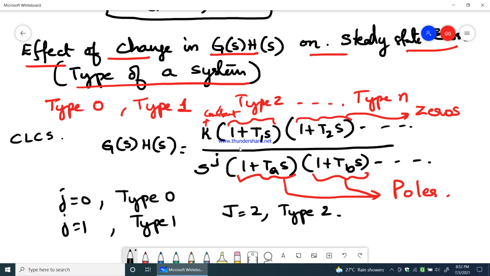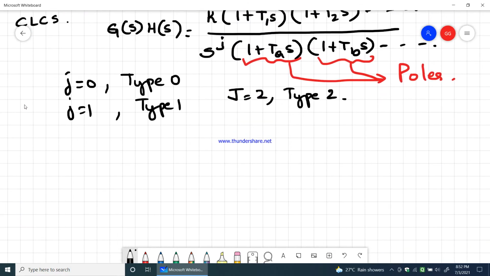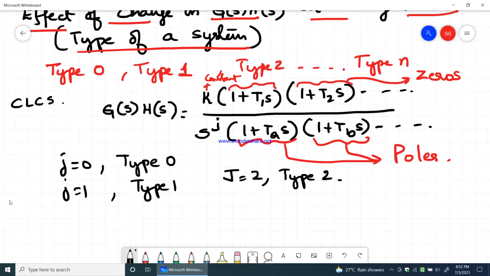Now I hope you got what zeros and poles are. At a later stage, when we come to stability criteria discussion in the next module, we will see what these poles and zeros are. I hope you got the definition of type 0, type 1 and type 2 system. You will be able to write this g of s into h of s expression for any given control system.